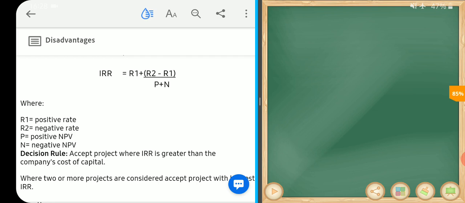And if it was the other way around, probably they gave you 10%, and when you solved with 10%, you got a negative value, you will reduce the cost of capital so you can get a positive value, because you need a positive NPV and a negative NPV to solve this question and get your IRR. So if you were given 10% before and you got a negative NPV, you will reduce it to maybe 5% or 7% for you to get a positive NPV.